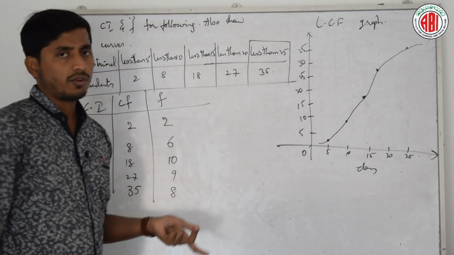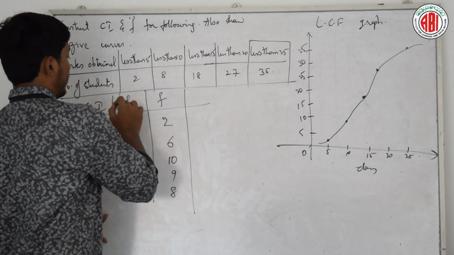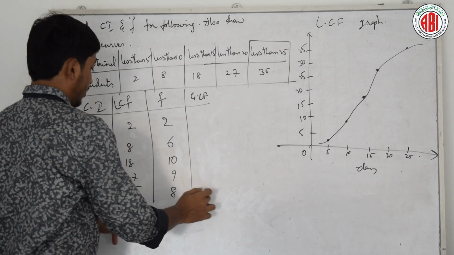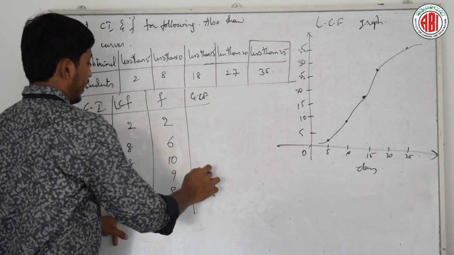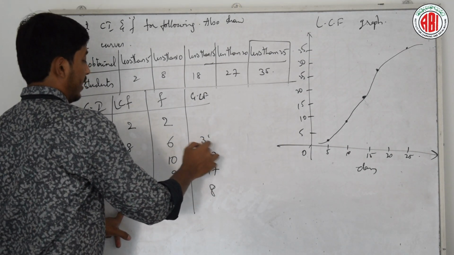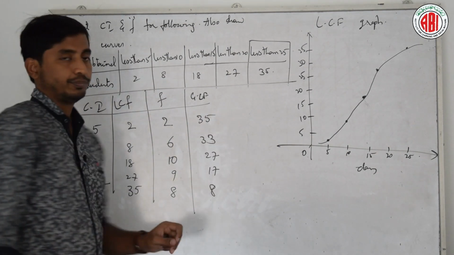If you want more than cumulative frequency also, we can draw. Okay, this is LCF, this is GCF. How do we do? First here it is 8, 8 plus 9, 17, 27, here it is 33 and here it is 35.